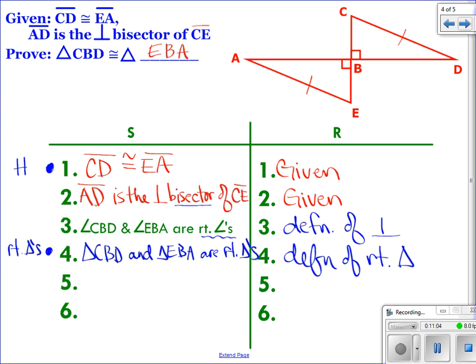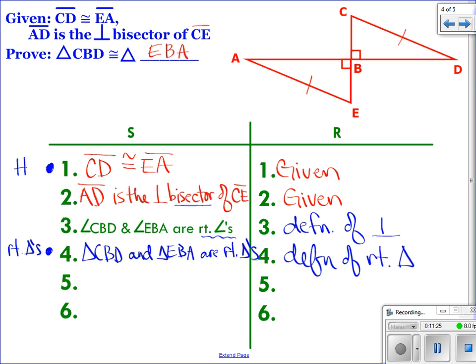AD, we already used the perpendicular part. AD is the bisector of CE. So what segment got cut in half? I'm hearing both. One of them got cut in half. This is the bisector of this. So CE got cut in half.